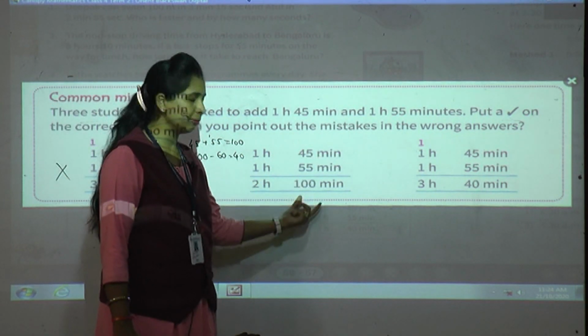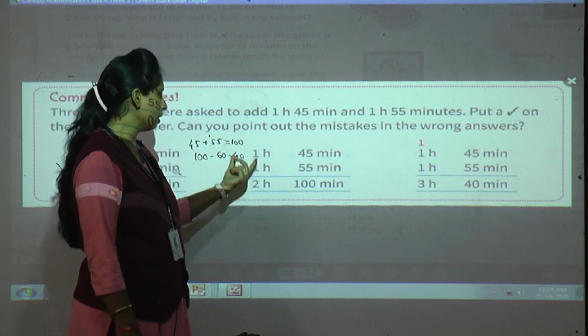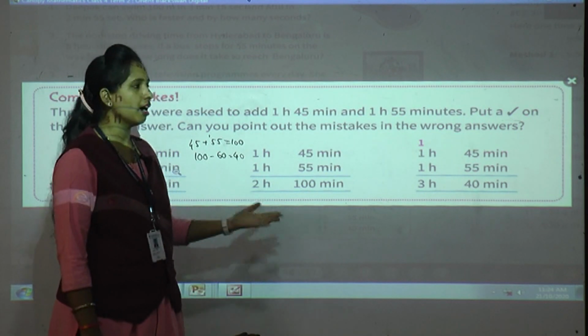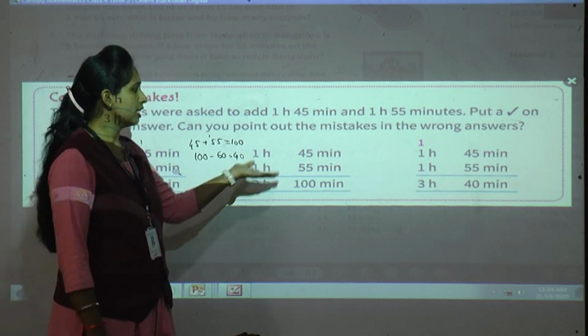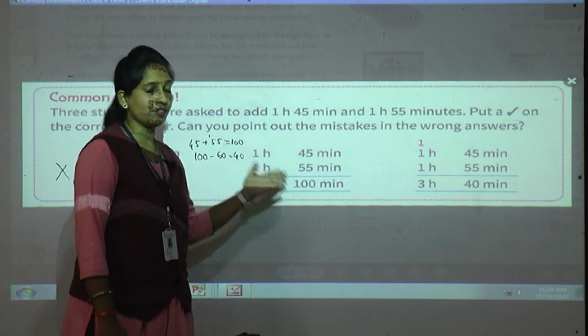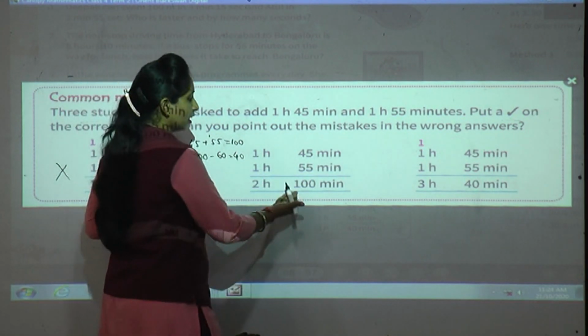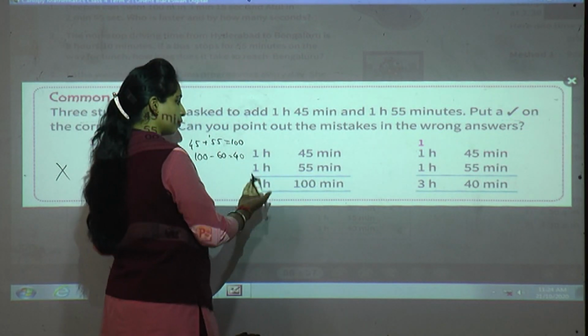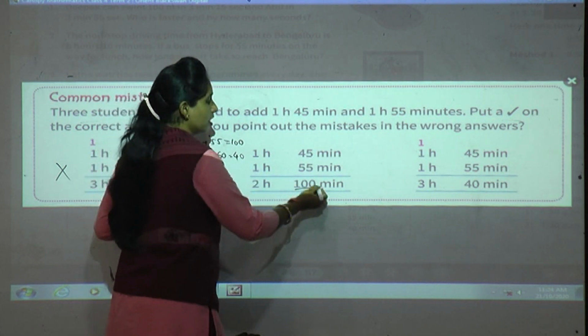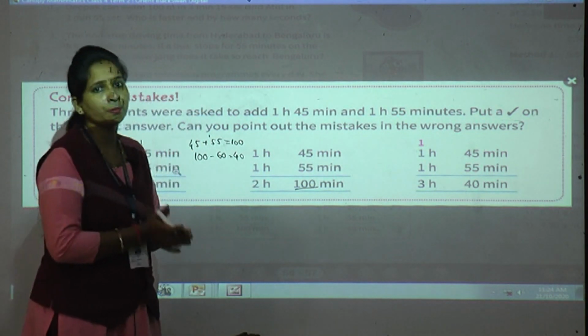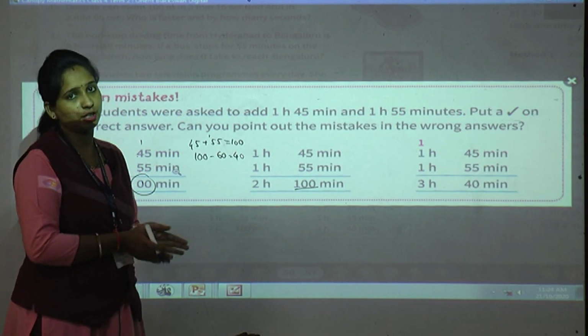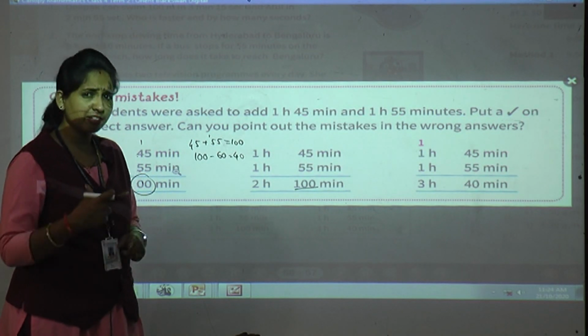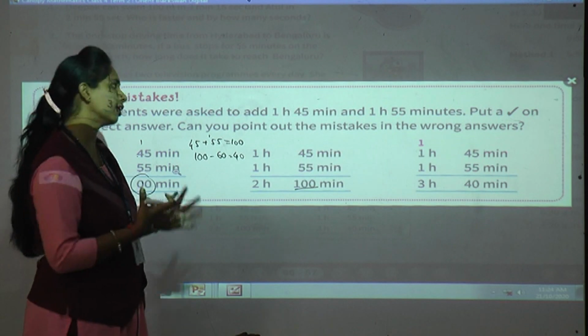See, he has written minutes as it is in the minutes column and hours as it is in the hours column. This is totally wrong. You can do it in this way, but later on what do you have to do? The 100 minutes you have to convert into hours. See here, if the minutes column has more than 60, you need to convert. If it is 61 also, you have to convert it.